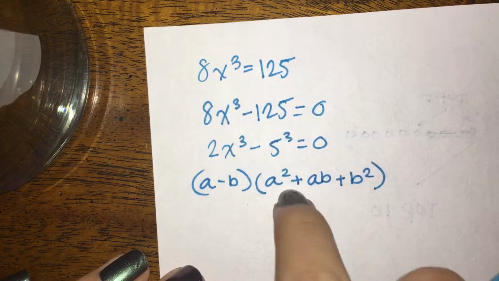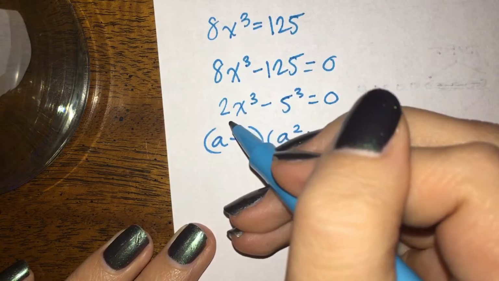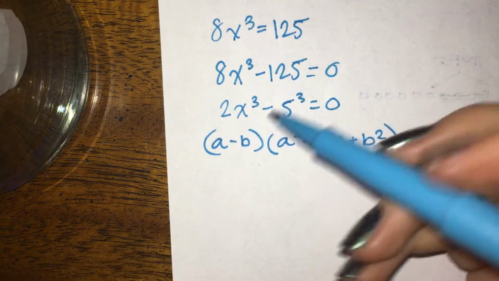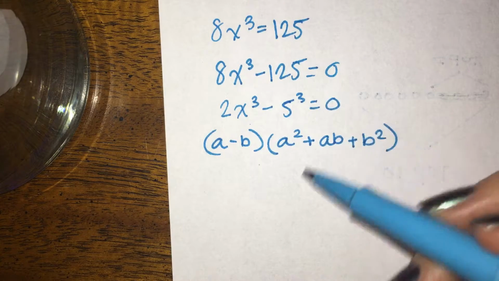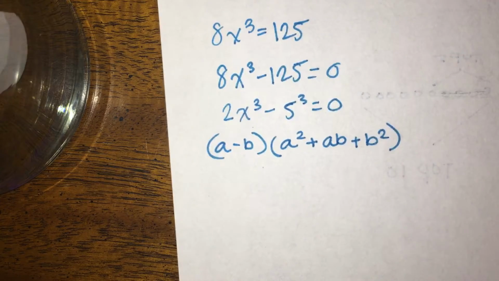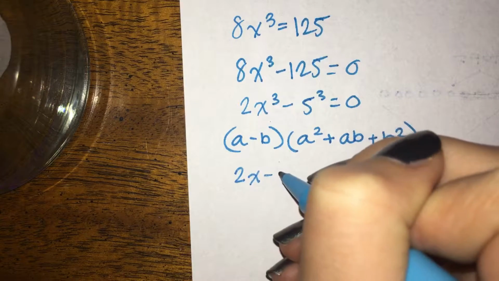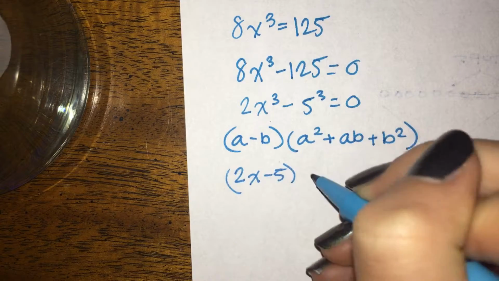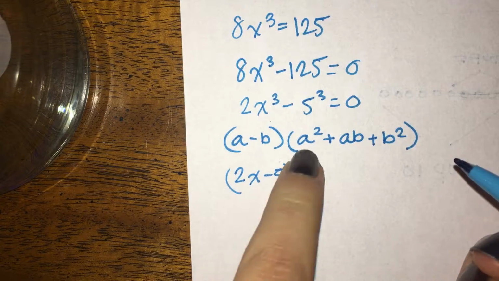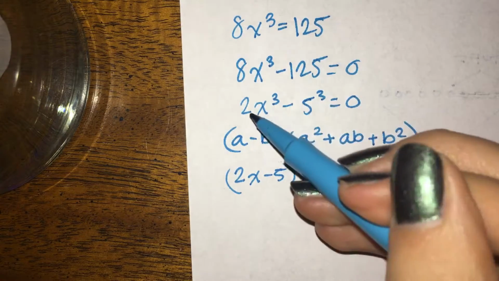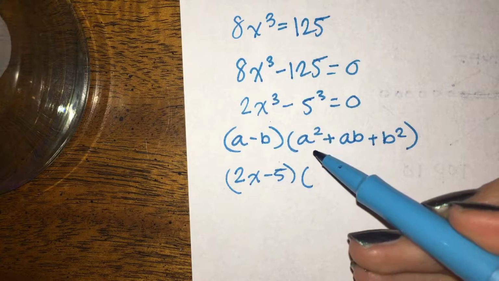Okay, so 2x cubed is a, and 5 cubed is b. So let's plug it in. So 2x minus 5. And then you have to multiply 2 by its cube.